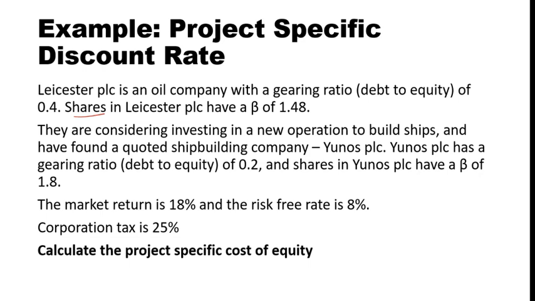They are considering investing in a new operation to build ships and have found a quoted shipbuilding company, Yunus plc. Yunus plc has a gearing ratio debt to equity of 0.2 and shares in Yunus plc have a beta of 1.8.